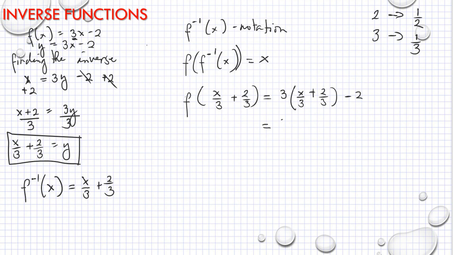And then we have 3x divided by 3 plus 3 times 2 divided by 3 minus 2. And this is now x, and 6 divided by 3 is 2, minus 2 is 0. Then we prove that the composite function of f and its inverse is always equal to x.